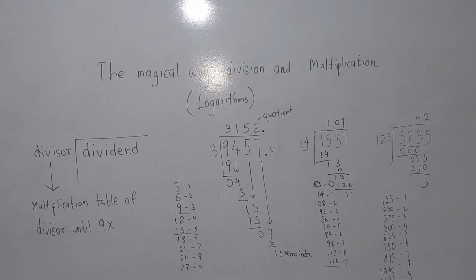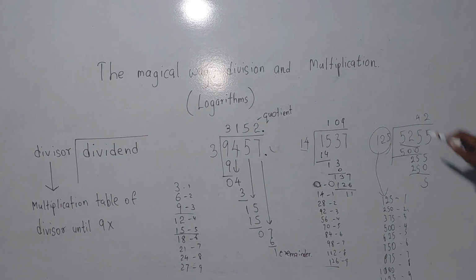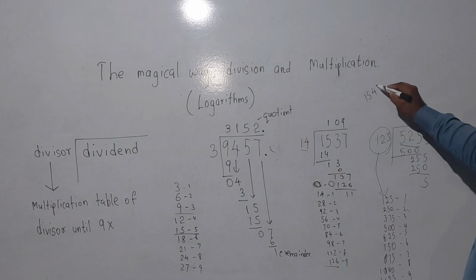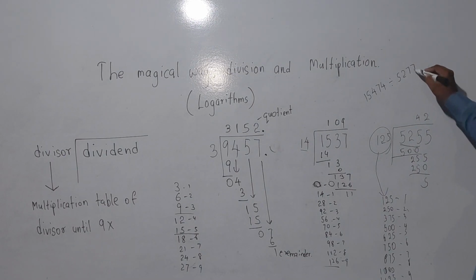So, as you see, to divide easily, we must know the table until 9 times. So think if you need to divide a value 15,474 by 5,277.